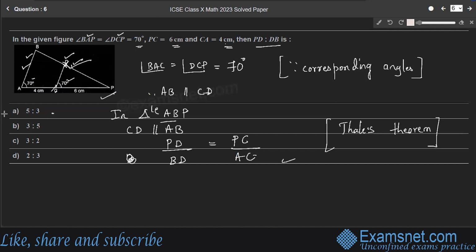Here PC and AC are given, so 6 and 4 centimeters respectively. Therefore, the ratio of PD by DB is equal to PC is 6 centimeter, AC is 4 centimeter, right? Therefore, the ratio is 3:2. Therefore, PD and DB are in the ratio 3:2. Option C is the answer.